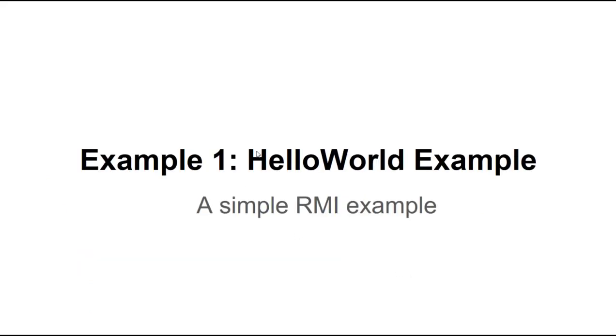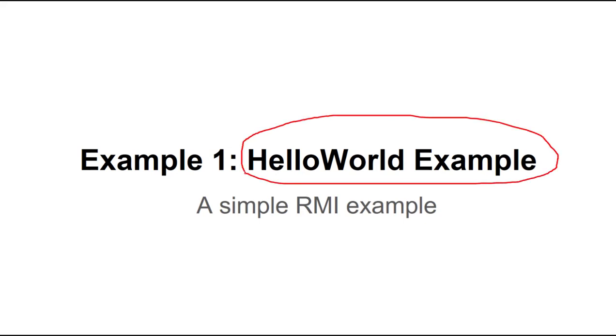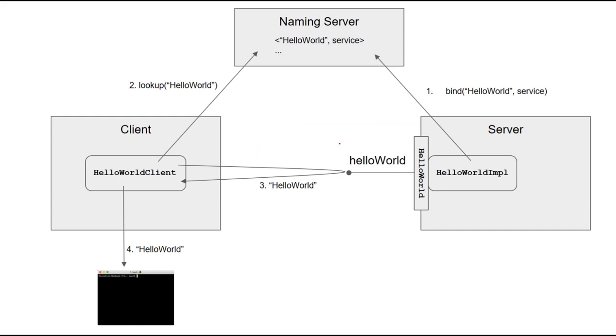Our first example is the simplest example you can have, which is that we want to invoke hello world remotely. This is just a conceptual view of the example. We've got a server here, and essentially it has a hello world interface and a hello world implementation of that interface.